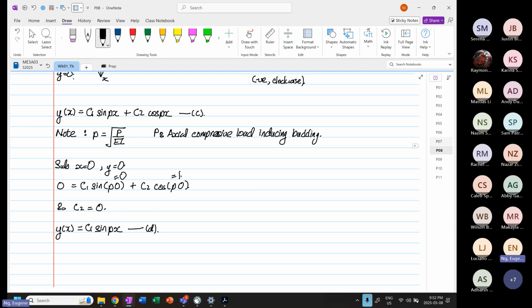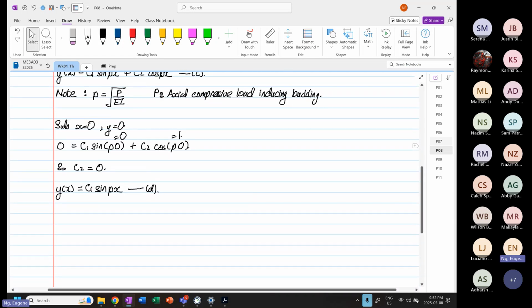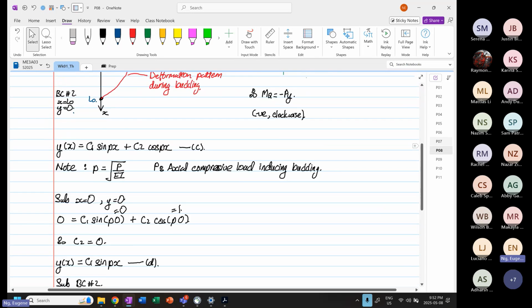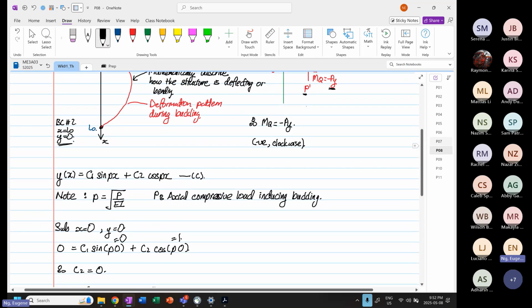After knowing our equation D, we're going to substitute our boundary condition number 2. Boundary condition number 2 states that when x is equal to L naught, y is equal to 0.